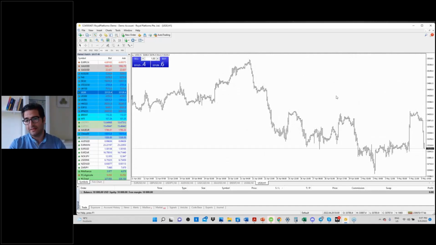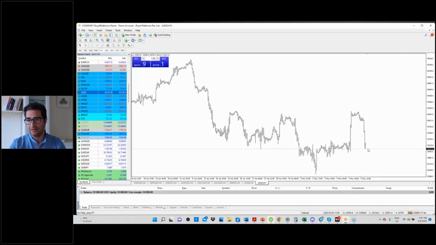If you would like, let's say, to buy, or you're expecting that the price will go up, so we are here, let's say, and you are expecting that the price will rally or go up from this price, what you will do is you will buy or go long, using this button here, as simple as this. However, if you're expecting that the price will go further down in the coming hours, what you will do is go short.